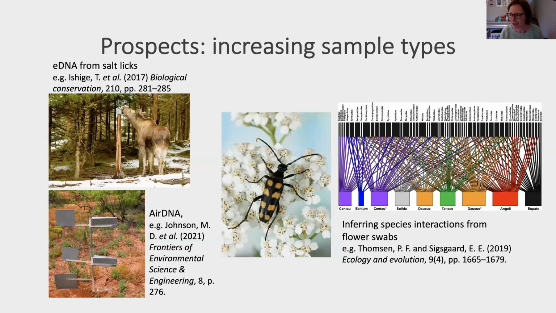But I think the most interesting one, partly because I really love insects and pollinators, is that we can swab flowers for pollinator DNA to understand interactions. And there's this beautiful interaction network published by Thompson and Sigsgaard a couple of years ago. So there's lots of developments in the way that we sample. So it's not just about the water.